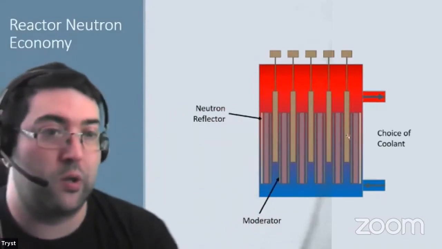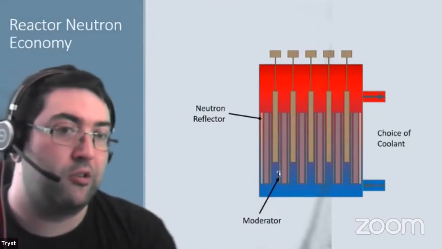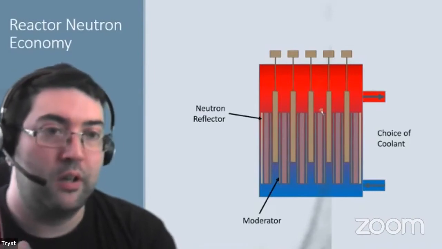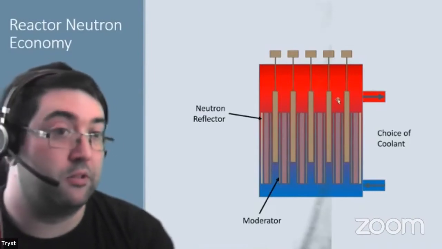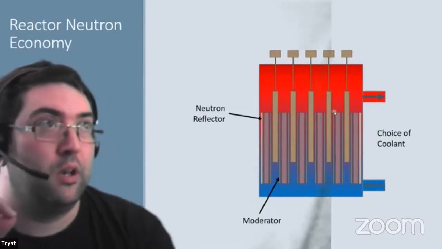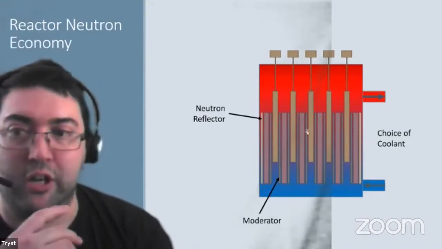And also your choice of coolant is important. If you were to use plain water, the hydrogen in normal water will absorb neutrons. But if you use heavy water that's made with deuterium, the hydrogen doesn't absorb neutrons, so you have more neutrons available to keep your reaction going.